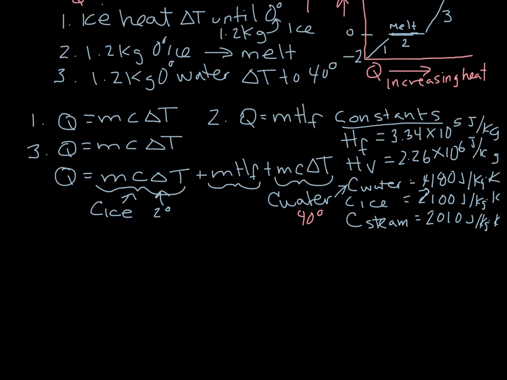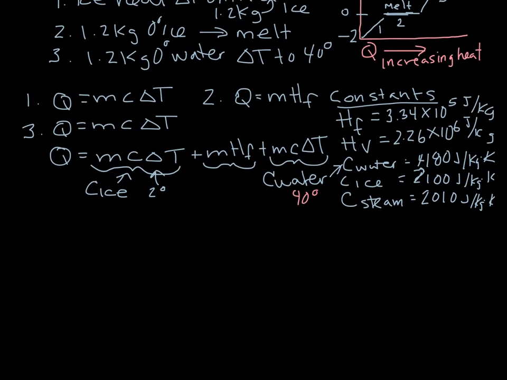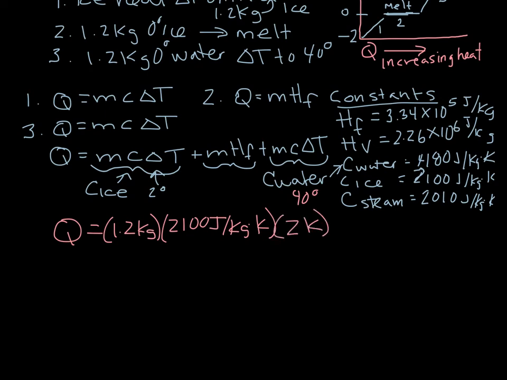Okay, so let's just plug some numbers in and see what we get. Our final answer is going to be Q is equal to 1.2 kilograms times the C of ice, 2100 joules per kilogram Kelvin. And that is a change in temperature of 2 Kelvin.